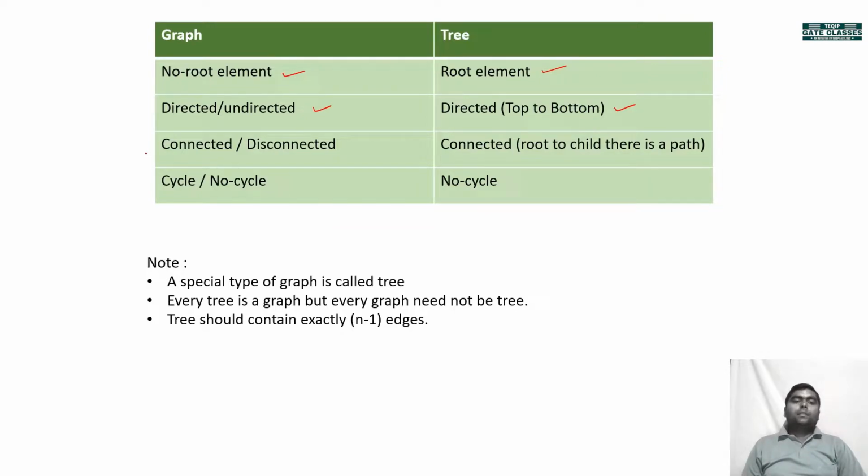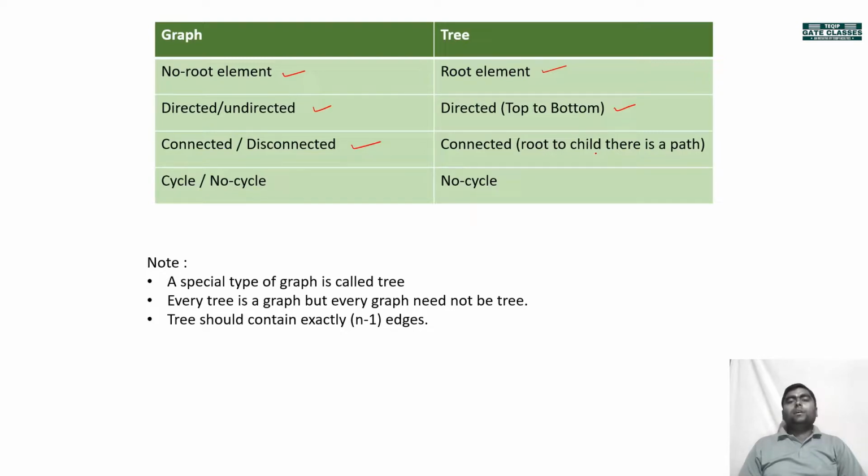And a graph may be connected or disconnected. So maybe a connected graph is there, a disconnected graph is there, so both are possible. But in the case of trees, the connection is always there. A tree is always in connected mode. What is the meaning of connection?